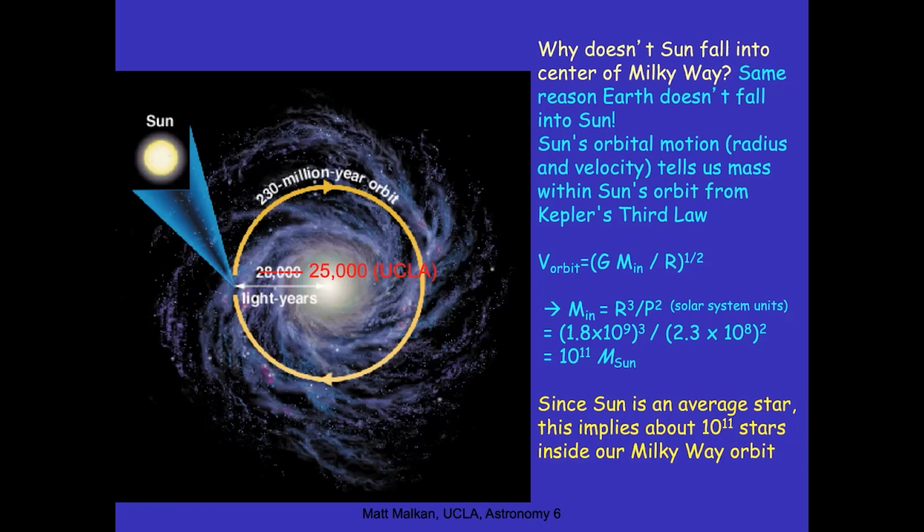So you can see it's going at only about 1,000th the speed of light, because it was about 200,000 light years around, but it's taking about 200 million years to go around once.